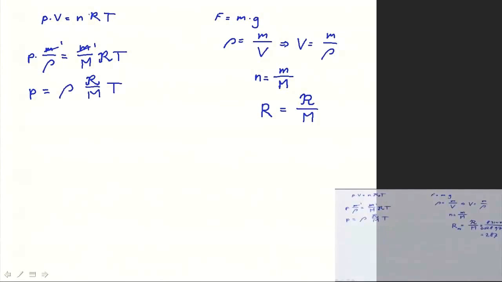So 287 is the gas constant that we normally use, which means that the gas law we will normally use looks like this. P, the pressure, is air density times R times T. But never forget that this R is specific for air only.